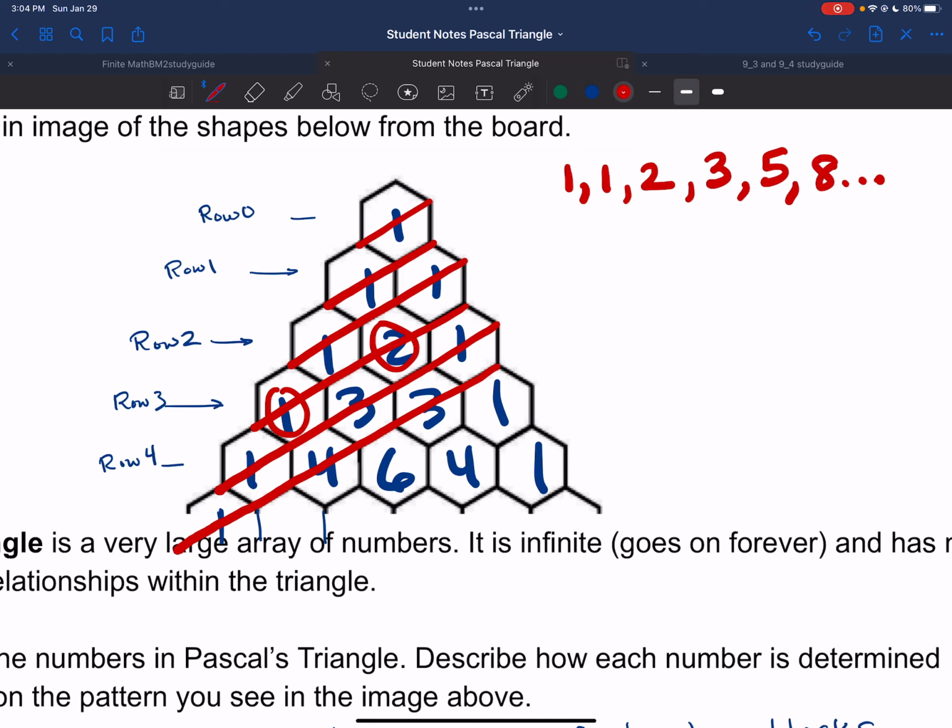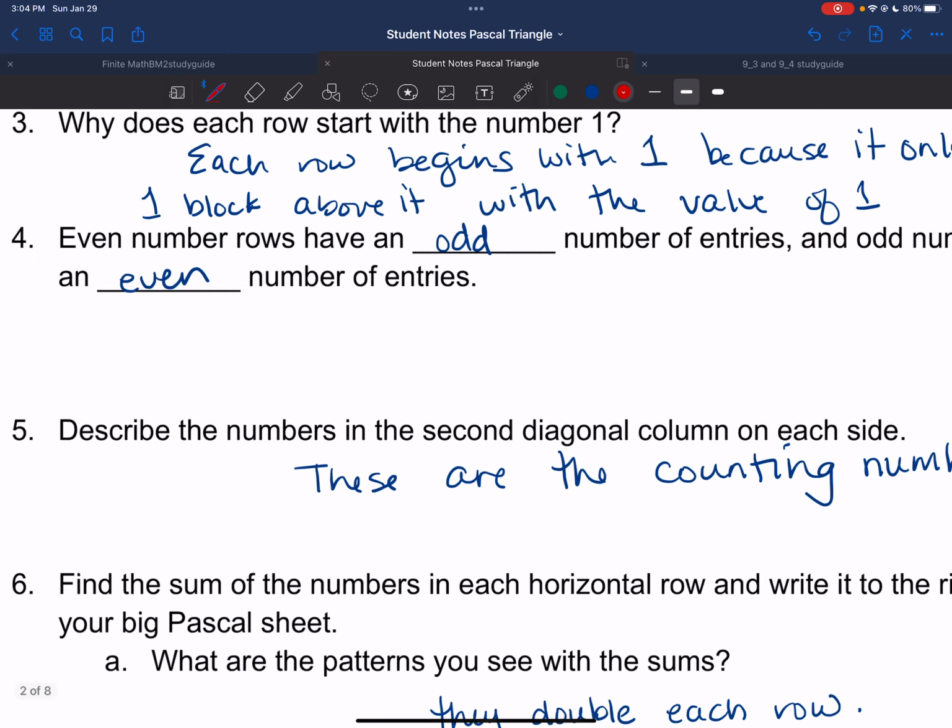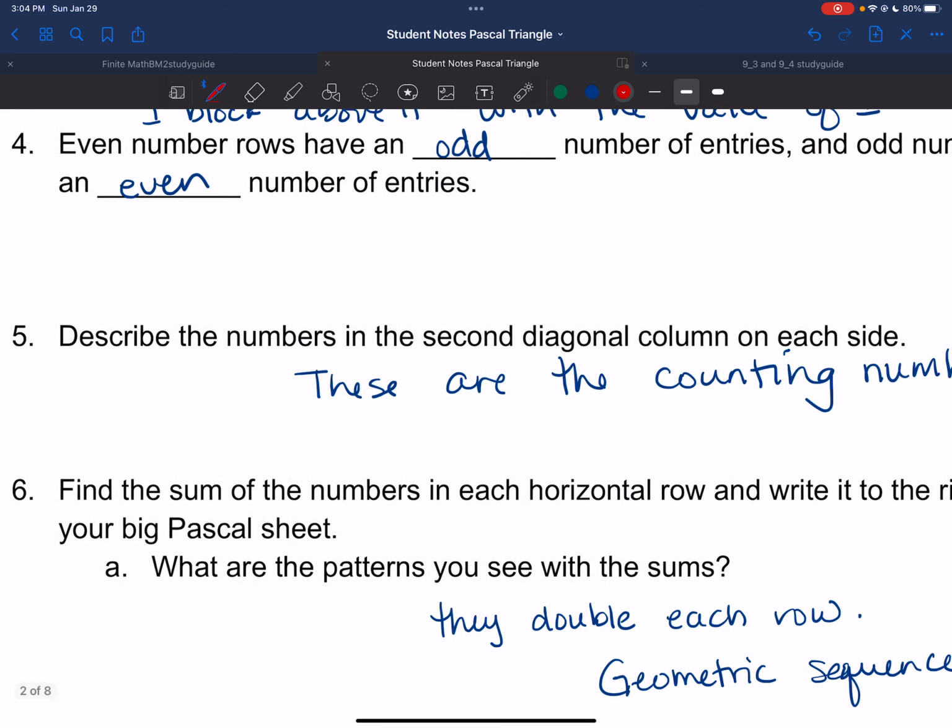Okay, so I'm taking the diagonal through and between each number of my first diagonal. Let me get a thinner pen here.